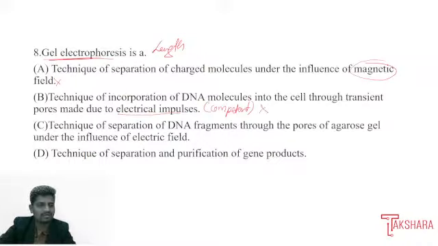And C, the technique of separation of DNA fragments through the pores of an agarose gel under the influence of an electric field, is exactly correct, with a supply of electric charge.